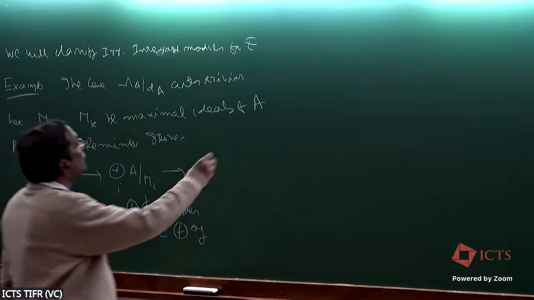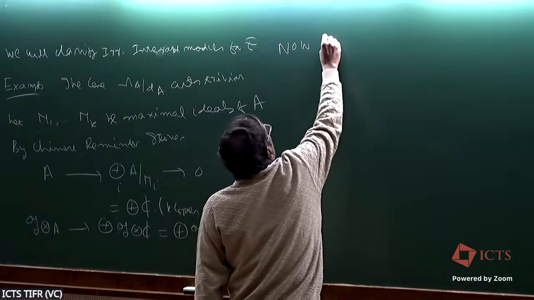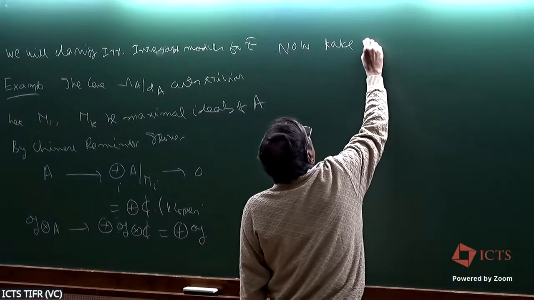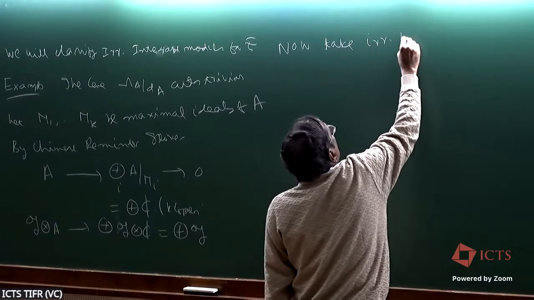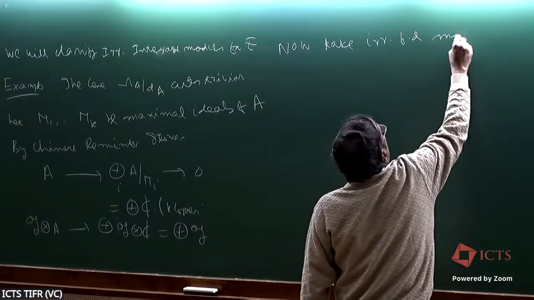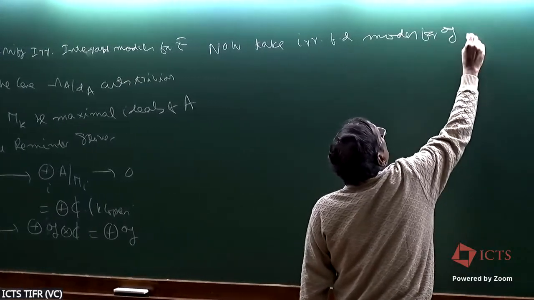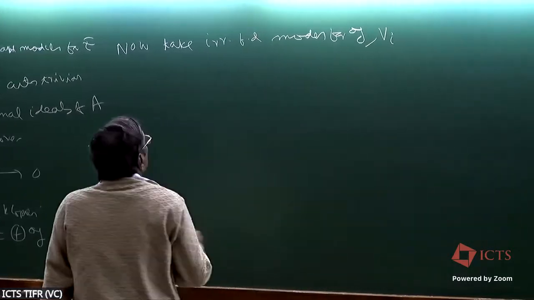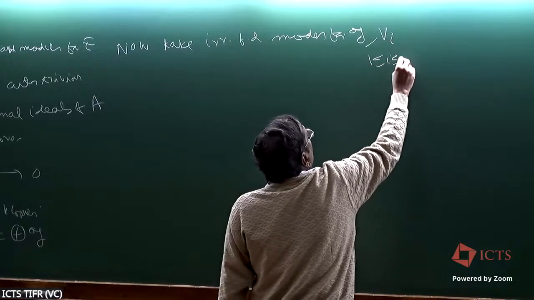So now take irreducible finite dimensional modules for g, say V_i, where 1 is less than or equal to i less than or equal to k.